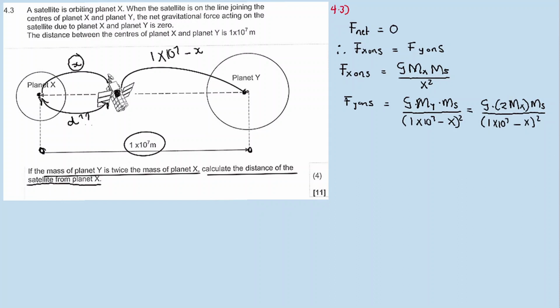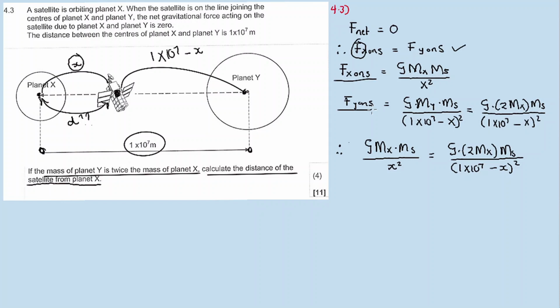You will see now. This is equal to, remember, if the force of X, this one is equal to this force because F net is equal to 0. So this is equal to that, right?